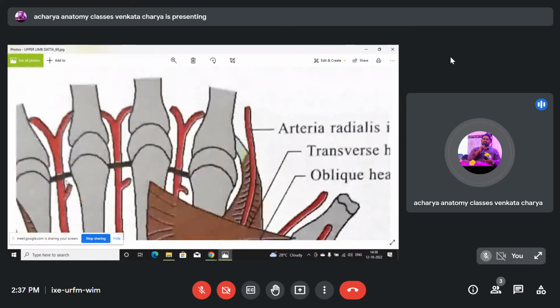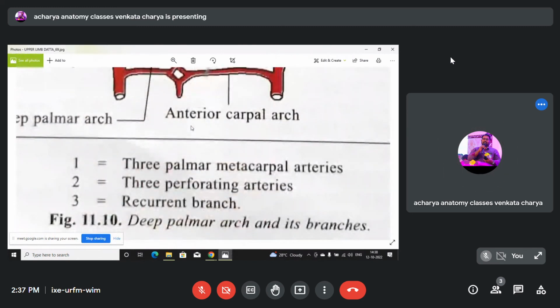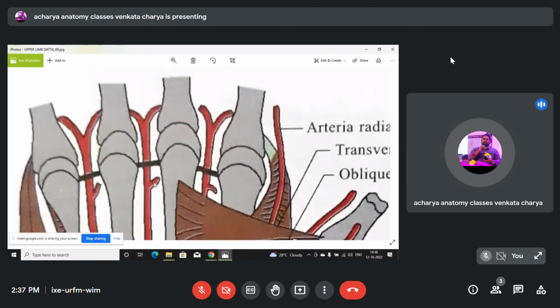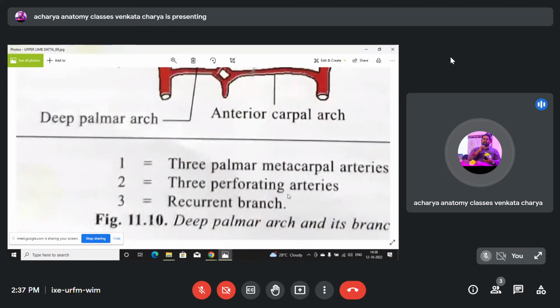These 3 palmar metacarpal arteries give 3 perforating arteries.